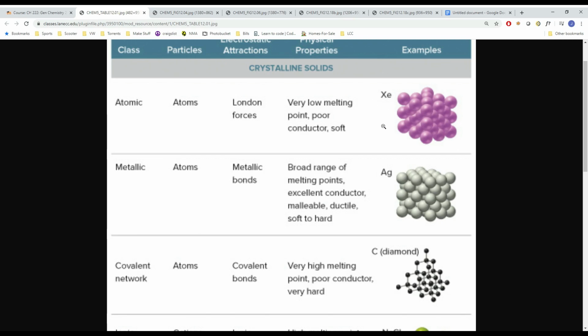And the reason that it has such a low melting point, it has low intermolecular forces. It has just London forces, and it's a small particle. And so if you were to use something like helium, it's going to have an even lower melting point because it's a smaller particle. It has even less surface area for London forces to take effect. And so we can solidify things like noble gases, but as their size gets smaller, that becomes more difficult.